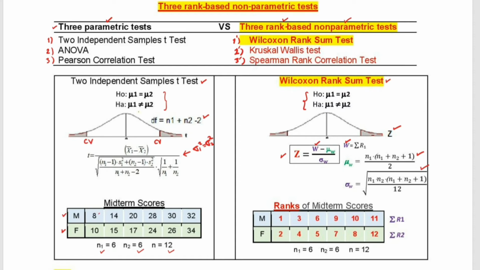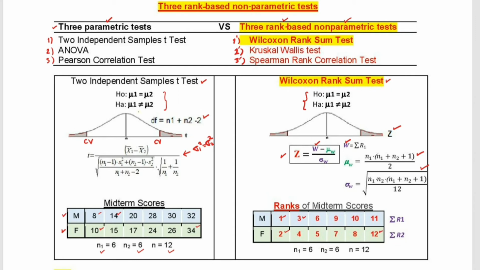Smallest is 8, so rank 1. And the second smallest among those 12 data is 10, so give rank 2. You change number 10 to 2. The third smallest is 14, you give rank 3, and so on. Rank 4, 5, 6, 7, 8, 9, 10, 11, 12, highest 34 marks.